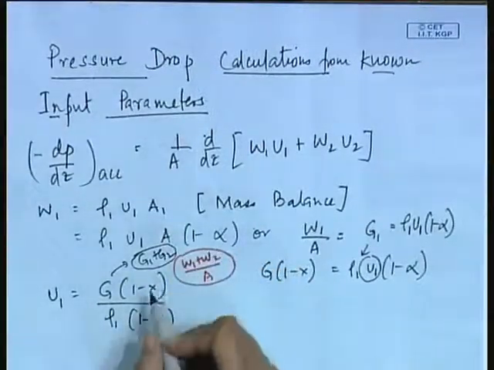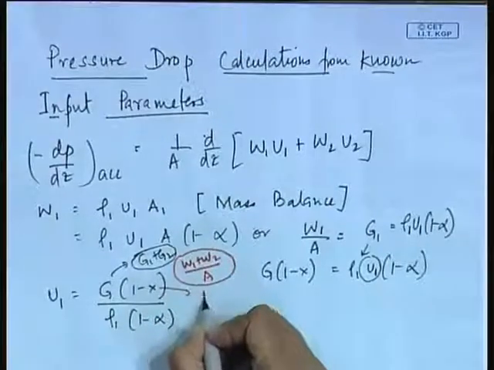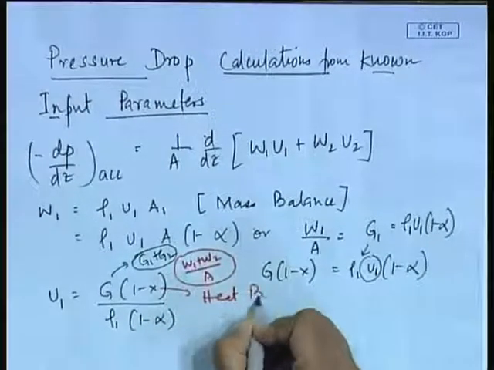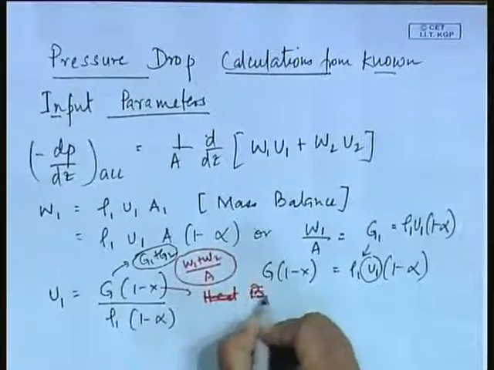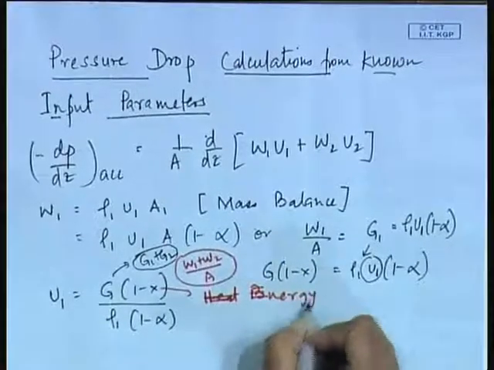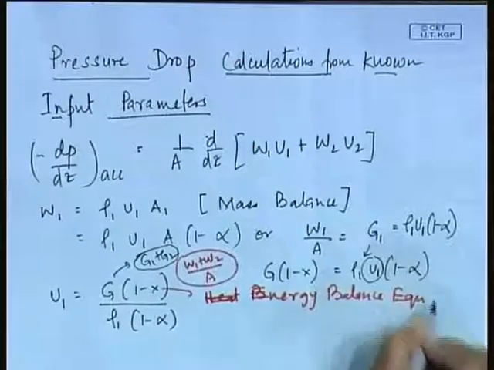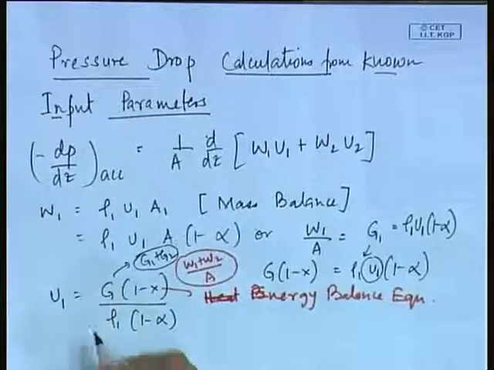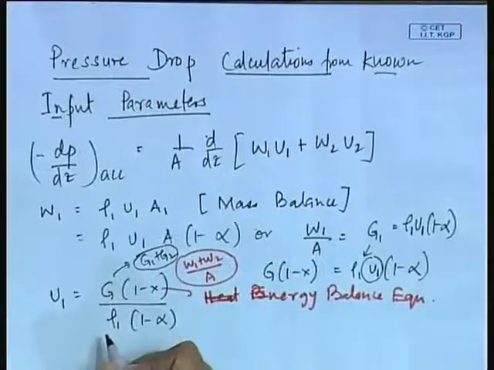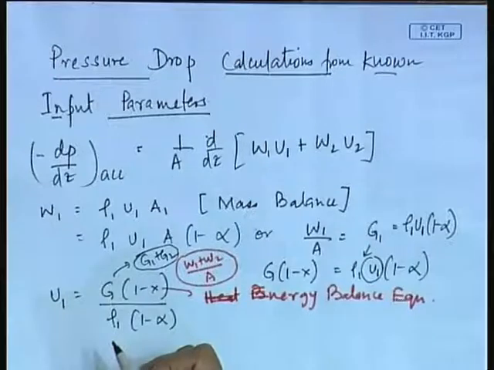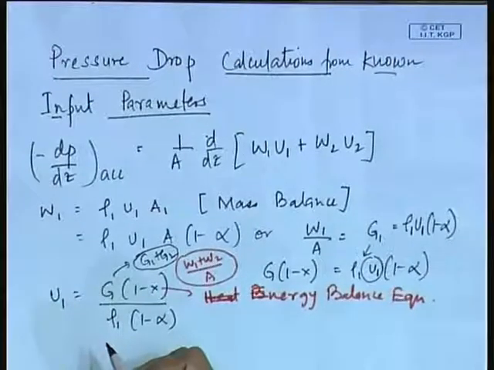So, x we can obtain from heat balance equation, or energy balance rather, we can get it from the energy balance equation. So, this is also an input, okay, from heat balance. Rho 1 we can find out from standard tables, or in other words, if it varies with pressure, we can find out how it varies with pressure either from the thermodynamic equation of state, usually that happens for the gas phase, rho 2.